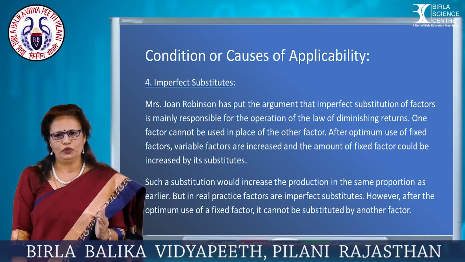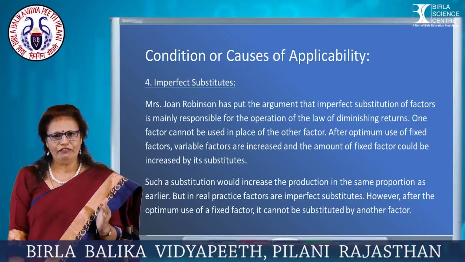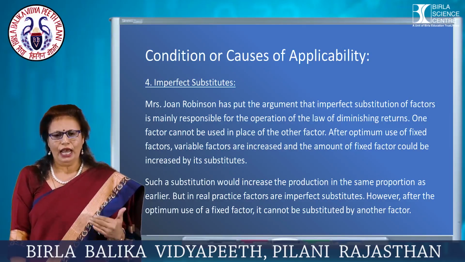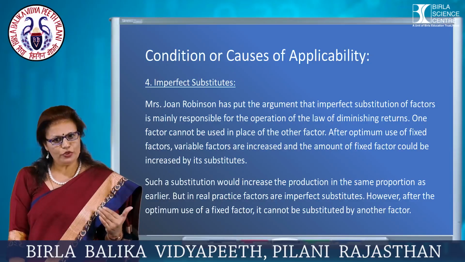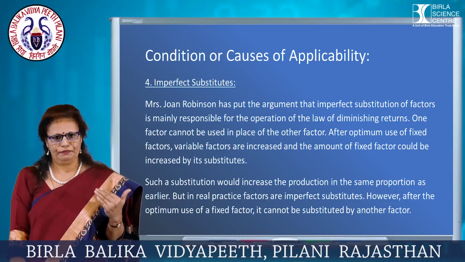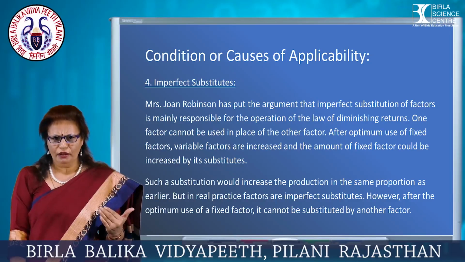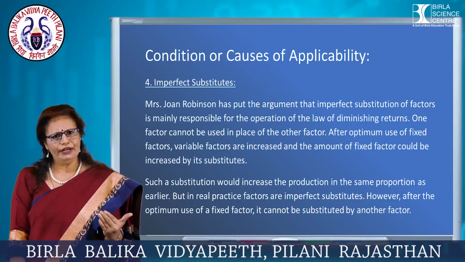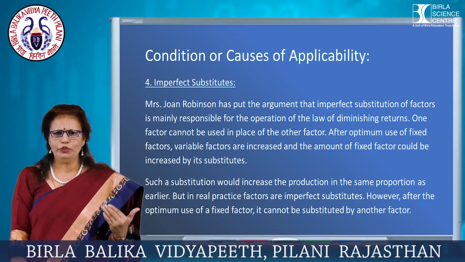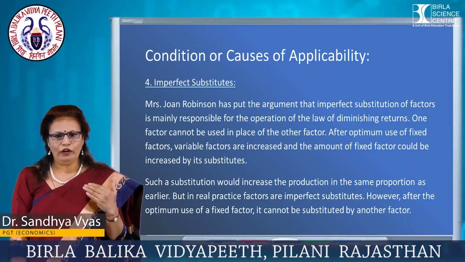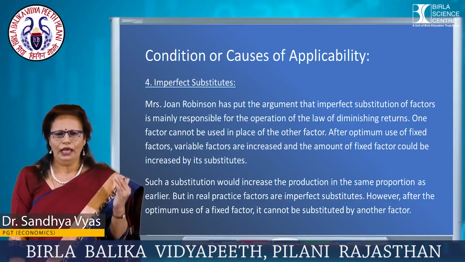After optimum use of fixed factors, variable factors are increased and the amount of fixed factor could be increased by its substitutes. Such a substitution would increase the production in the same proportion as earlier. But in real practice, factors are imperfect substitutes. However, after the optimum use of the fixed factor, it cannot be substituted by another factor.